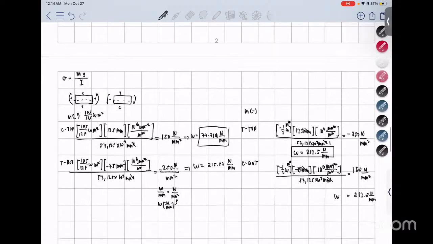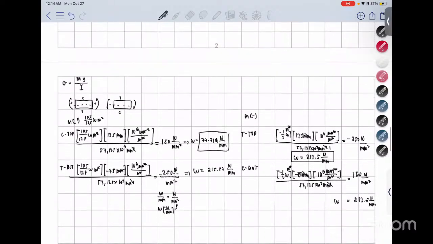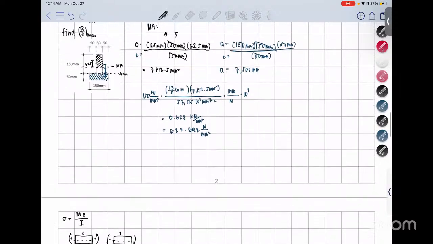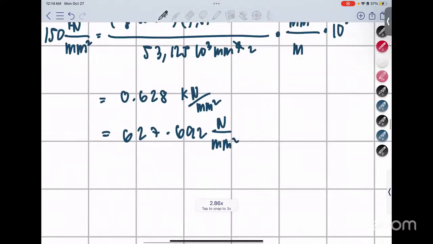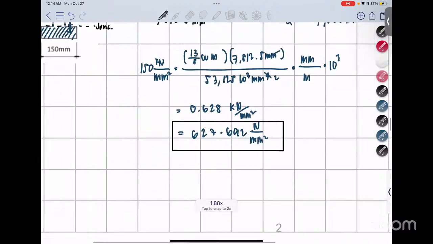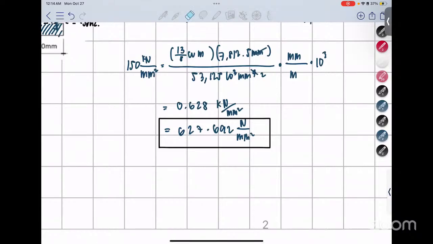The last one is just to provide a conclusion on the permissible value of omega in Newton over millimeter, considering everything. We just get the lowest of all the values we found. So the first value we found is 627.692 Newton over millimeter squared. Dapat ano to? Over millimeter lang. Yeah.